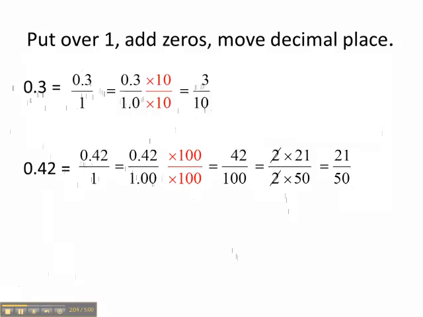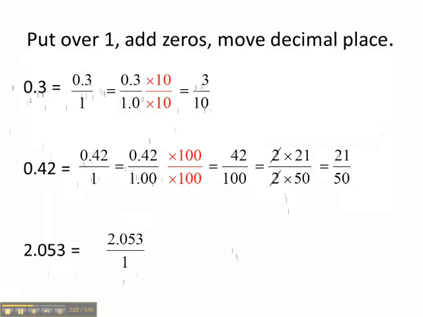The method also works for improper fractions. 2.053 is a number that is larger than 1. So when I turn it into a fraction, I'm going to get an improper fraction. 2.053 is itself divided by 1.